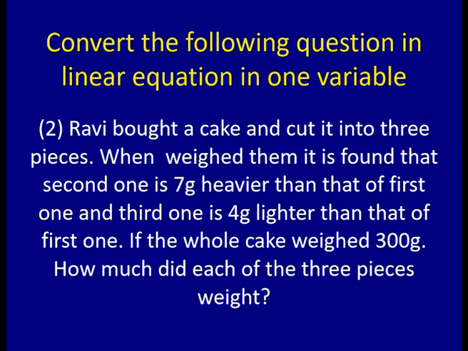Before starting the solution, if you observe the question, the second piece and third piece are compared with the first piece. Therefore, we have to take the weight of the first piece as x grams. Okay? Solution.